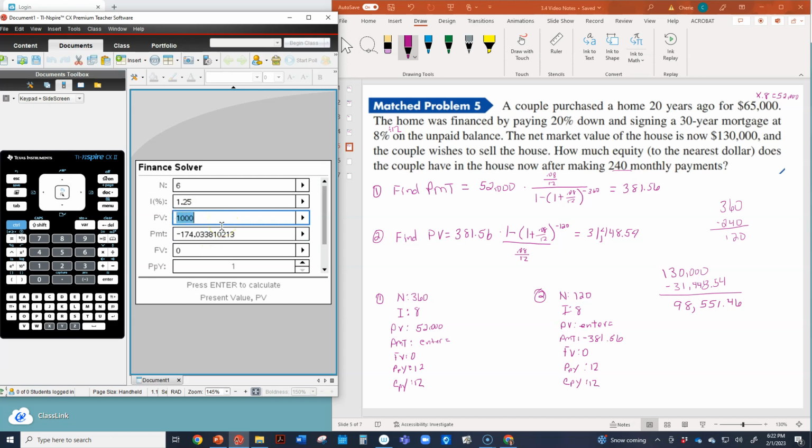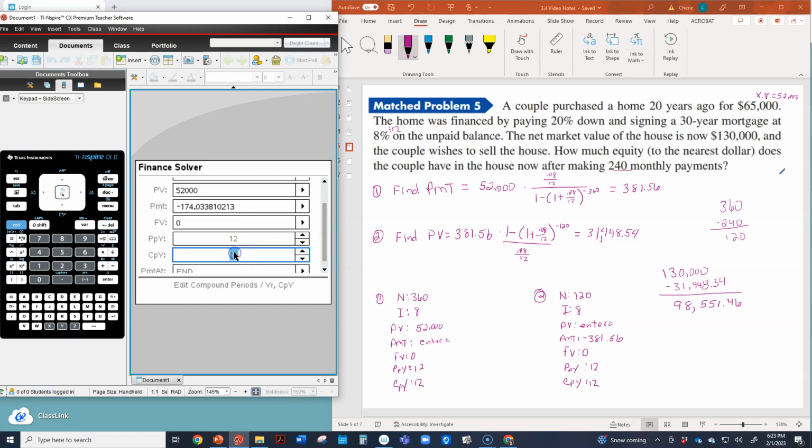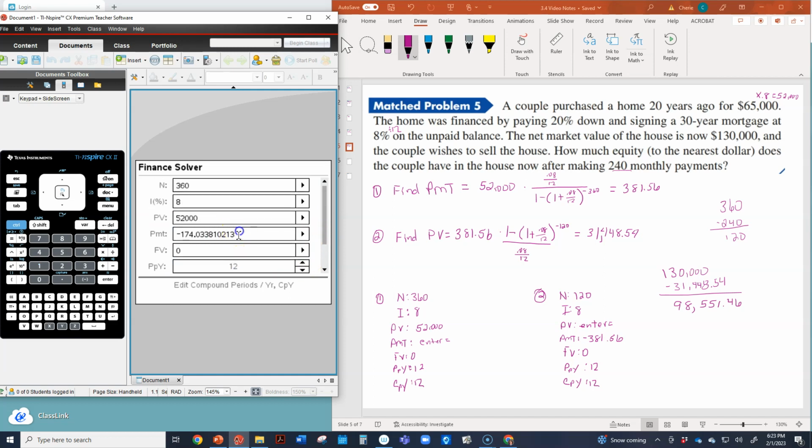I need to do 52,000, and it is 360 payments, and it's 8% interest, and I am compounded 12 times a year. And I am going to calculate my payment. So I'm going to delete that and press enter.